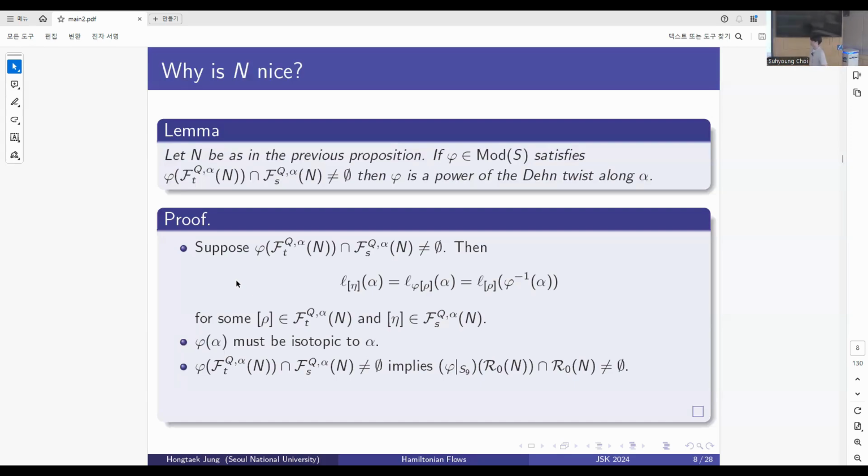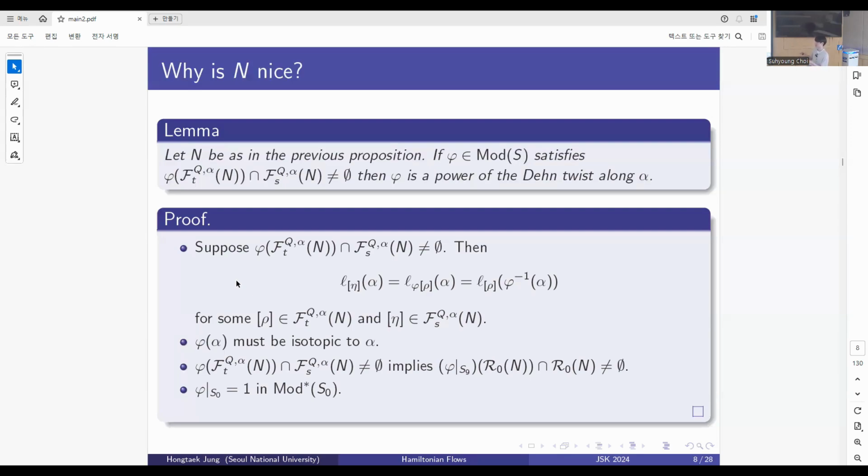And from the third property of our open set N, this forces phi restricted to S naught to be the identity in this mapping class. That means you can isotope phi to the identity map inside S naught. And this happens only when phi is a power of the Dehn twist along alpha.